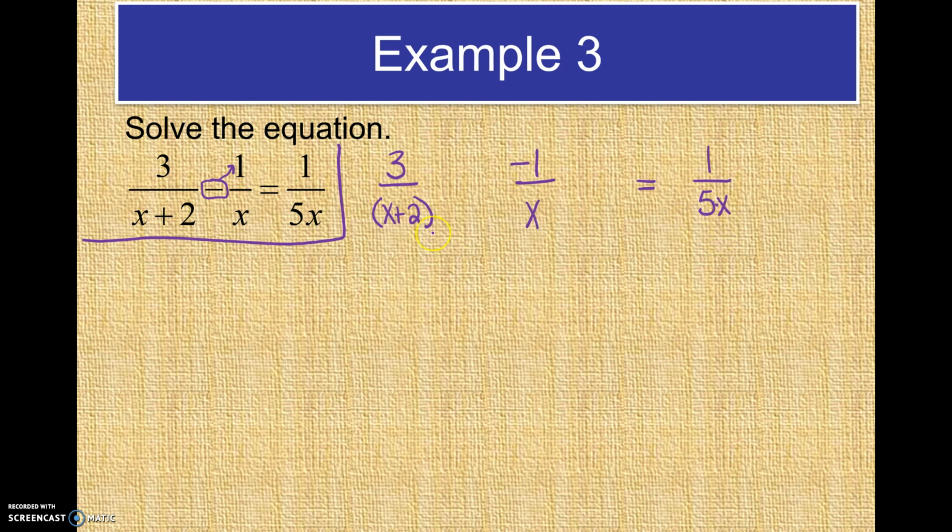We've got a 5. We've got an x plus 2. I am going to multiply every single term by those factors. So I'm going to multiply everything times 5 times x plus 2.